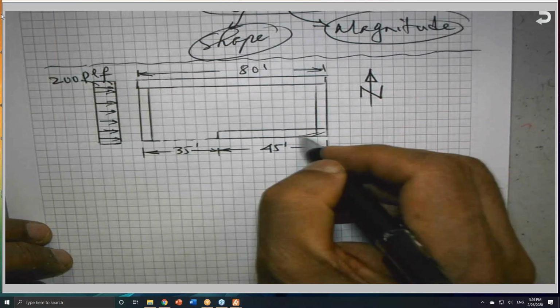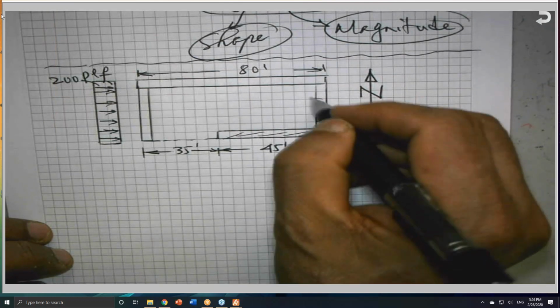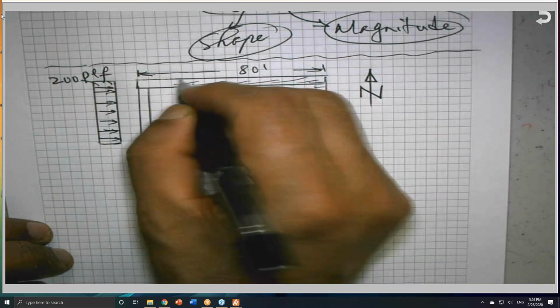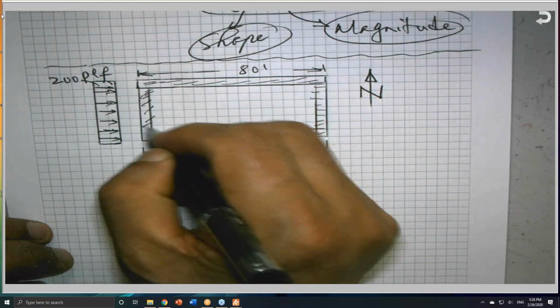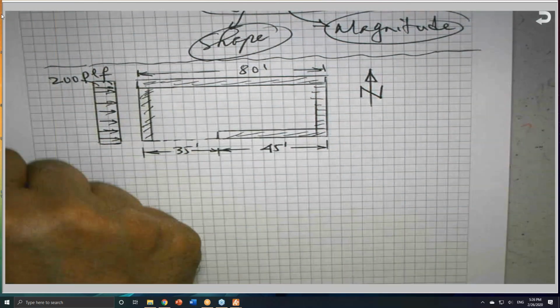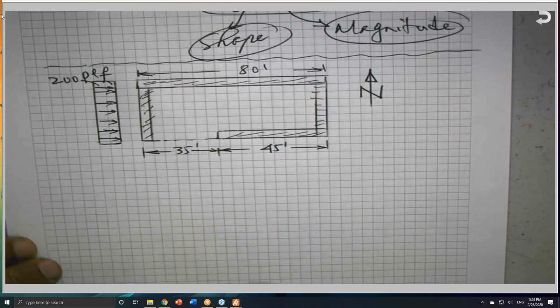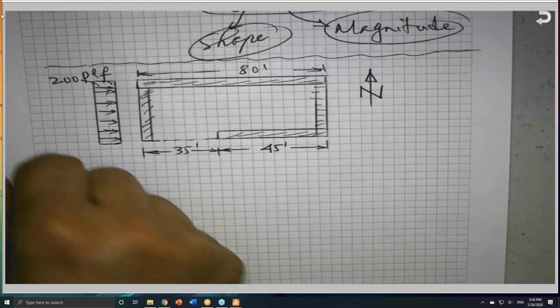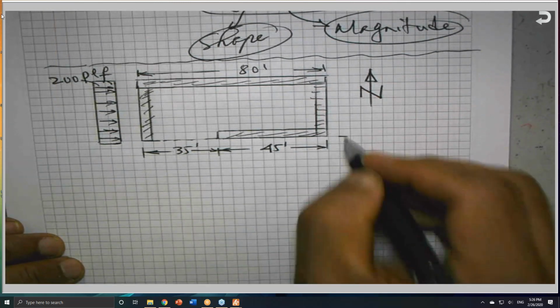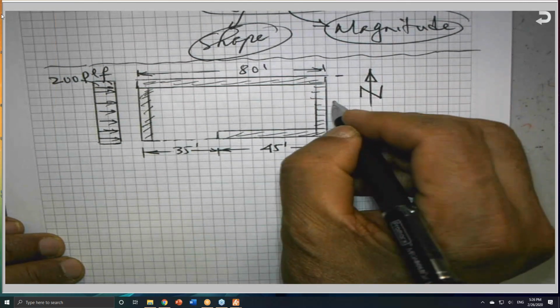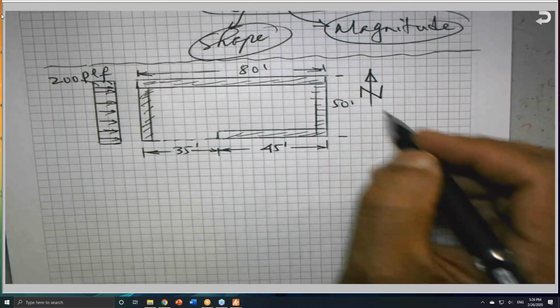Okay, and these are the walls. Normally we make it solid or hatch it like this. So we said that in the direction of the analysis, the east-west, let me give it the other dimension. I gave it 50, just to make sure I did not forget any dimension. 50 feet.